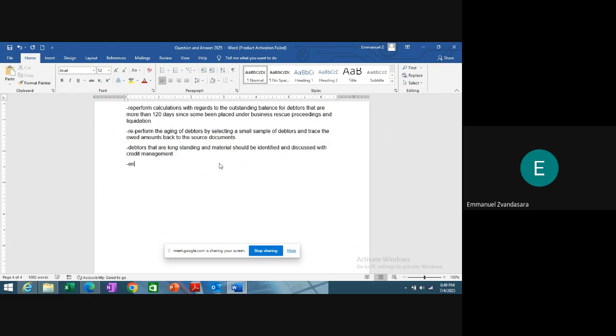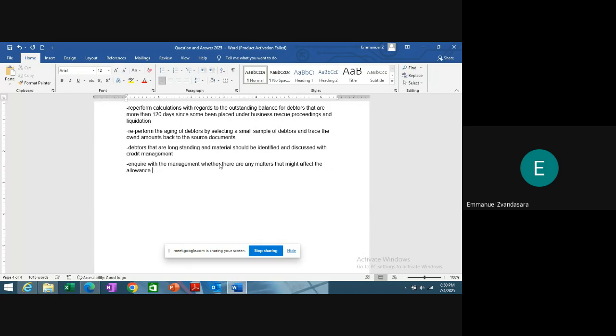Then inquire with the management whether there are any matters that might affect the allowance for bad debts.